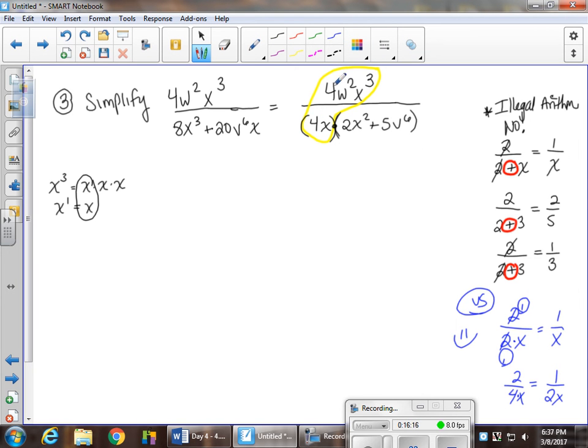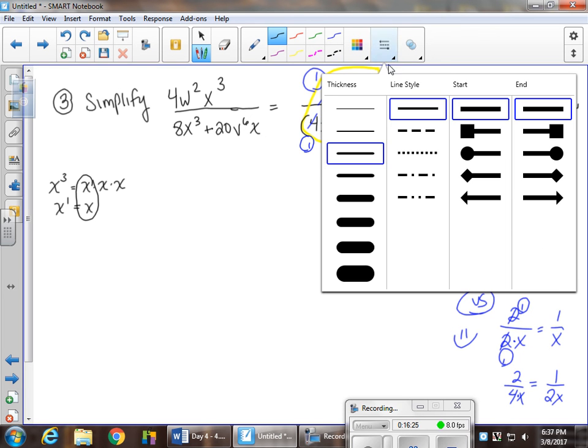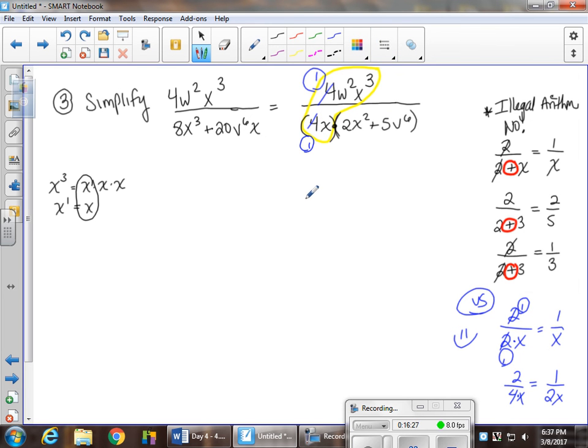So 4 divided by 4, that's going to just be 1. Now, I actually recommend, as soon as you figure something out, write it down, because this can become really messy quickly with this whole crossing things off and putting new things. So ones, I don't need to put, so I'm good. W squared, no w's out front, so w squared is going to stay in the numerator. I have 3 x's on top, 1 x on the bottom.